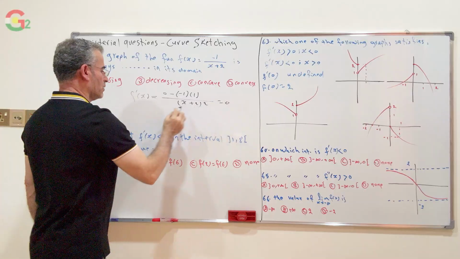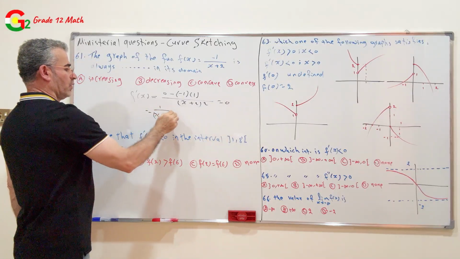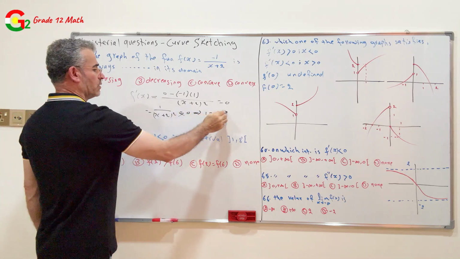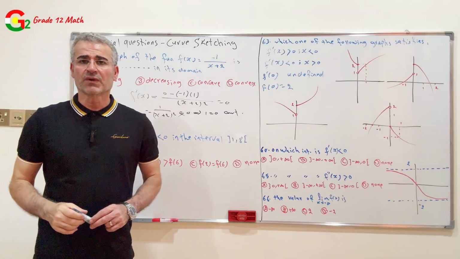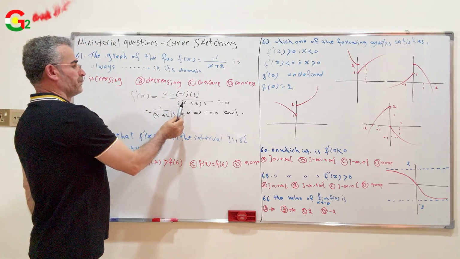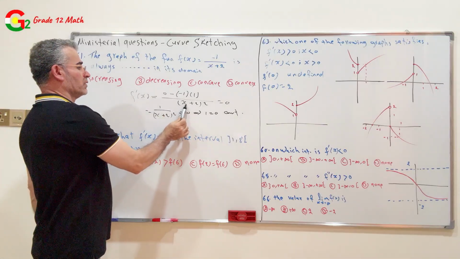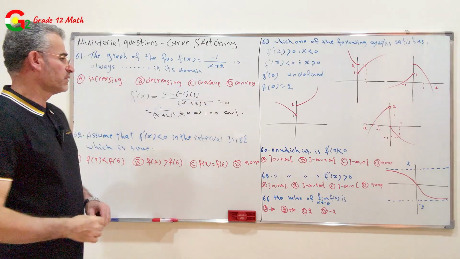Set it equals 0, then 1 over x plus 2 power 2 equals 0, cross multiplication, 1 equals 0, contradiction, there is no critical value for this function, and the derivative is undefined when x equals -2, but -2 is not within the domain of this function.